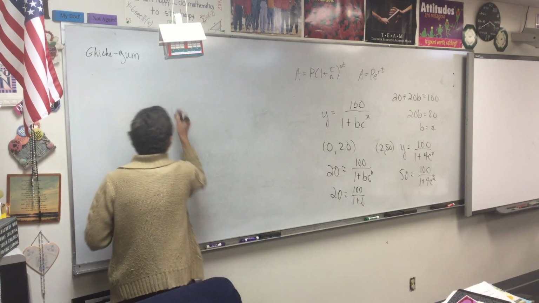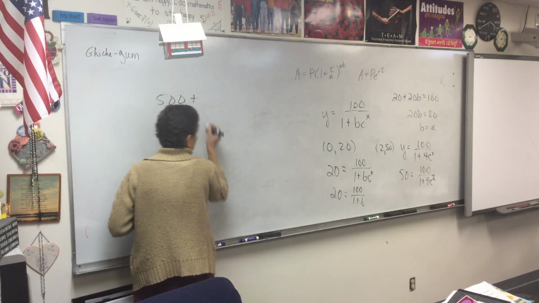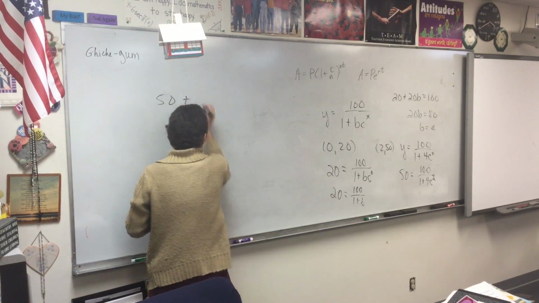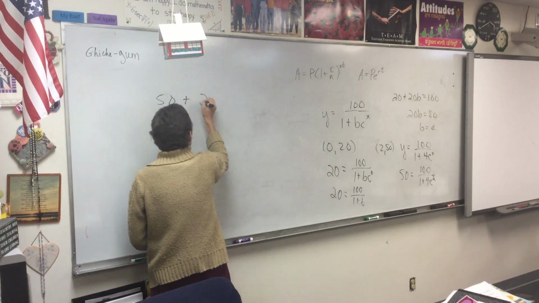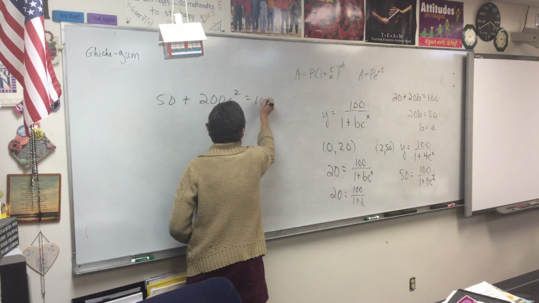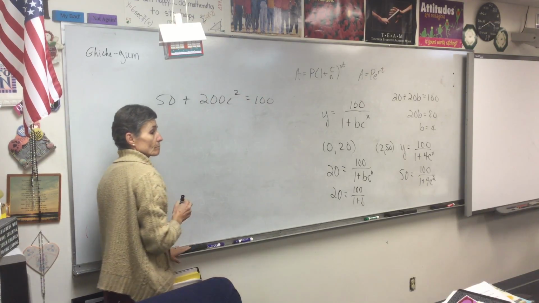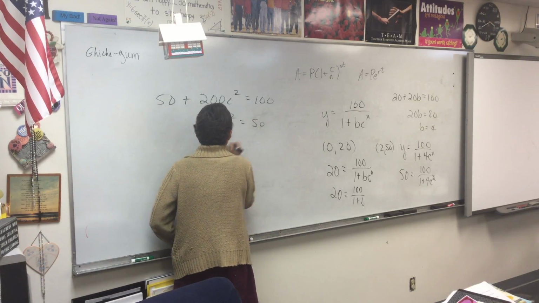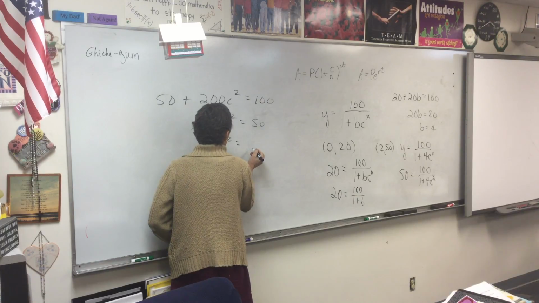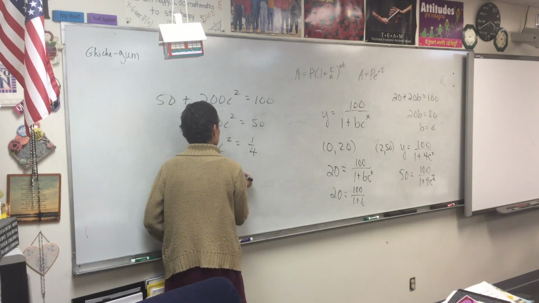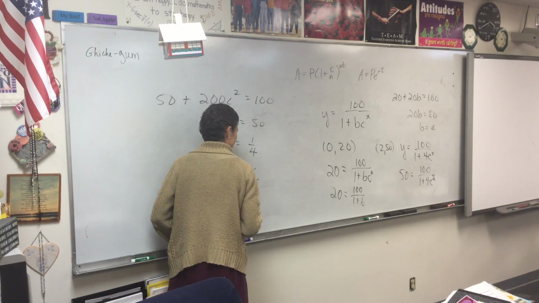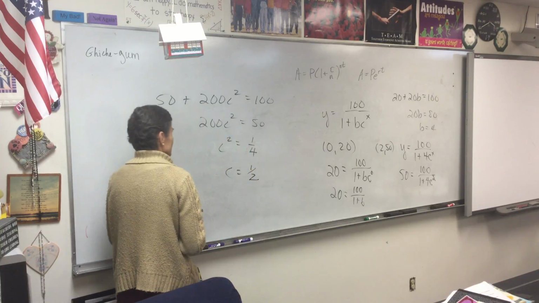So I'll have 50, not 500, 50 plus 200c squared equals 100. So 200c squared equals 50, and c squared equals 1/4, which means c equals 1/2, the square root of 4.